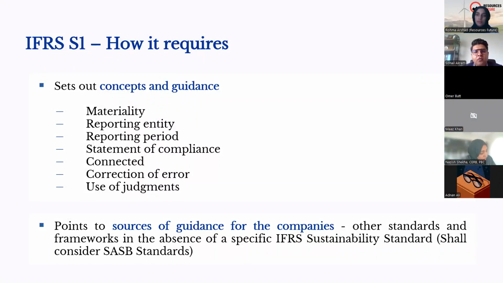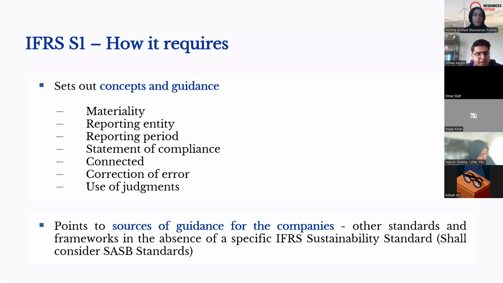A brief intro about SASB standards, the Sustainability Accounting Standards Board standards: they were developed by the Value Reporting Foundation, but nowadays those frameworks and standards have been taken over by ISSB. Basically, these standards were developed in the context of the US market, so there were certain requirements linked to US regulations, but ISSB has modified them and made them neutral to jurisdictions.